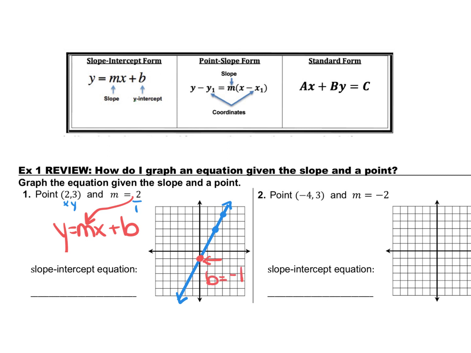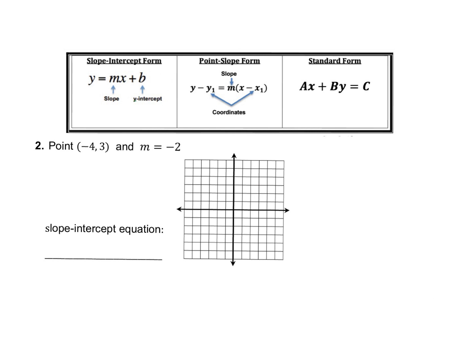So now that we have the slope and the y-intercept, we have enough information to write the equation in slope-intercept form. So we have y = 2x, because that's our slope, and then -1, because -1 is our y-intercept. For our second example, go ahead and plot the point (-4, 3) and our slope of -2, and pause the video and then come back and check your answer.